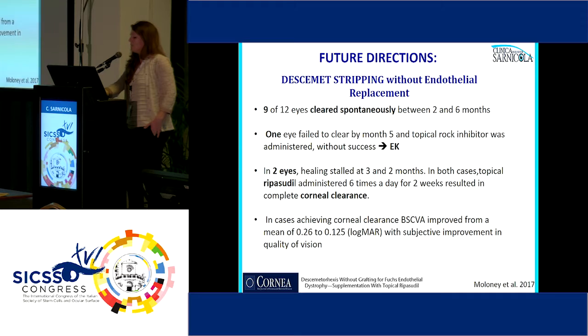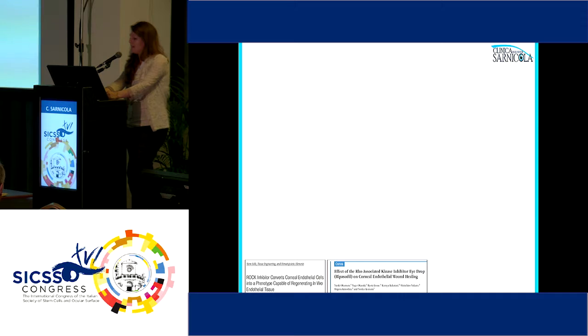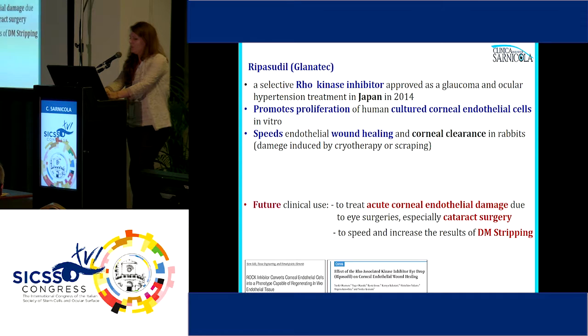Out of these 3, 2 cleared, so they didn't need any keratoplasty. So only 1 patient had to undergo grafting. Of course, these are small numbers, yet there are a lot of questions that are still unanswered. One is the diameter of the descemetorhexis, and why in a certain amount of patients it didn't work. But I can tell you that Dr. Colby is currently using ROCK inhibitors in all patients in order to expedite and improve the results.